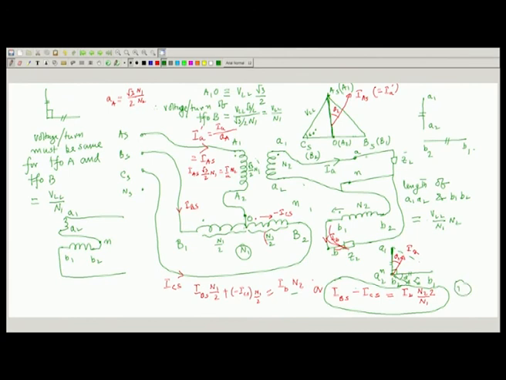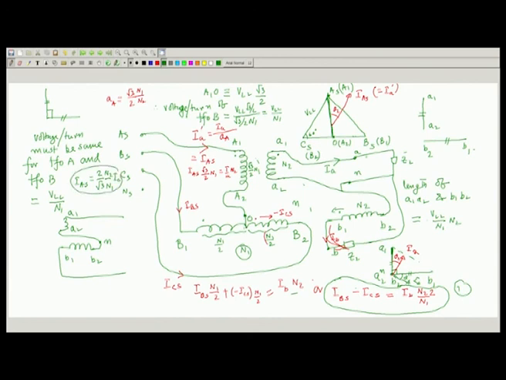IAS in terms of secondary currents I have already calculated. IAS was how much? I have calculated. See, IAS already I have got 2 by root 3 into n 2 by n 1 into IA.